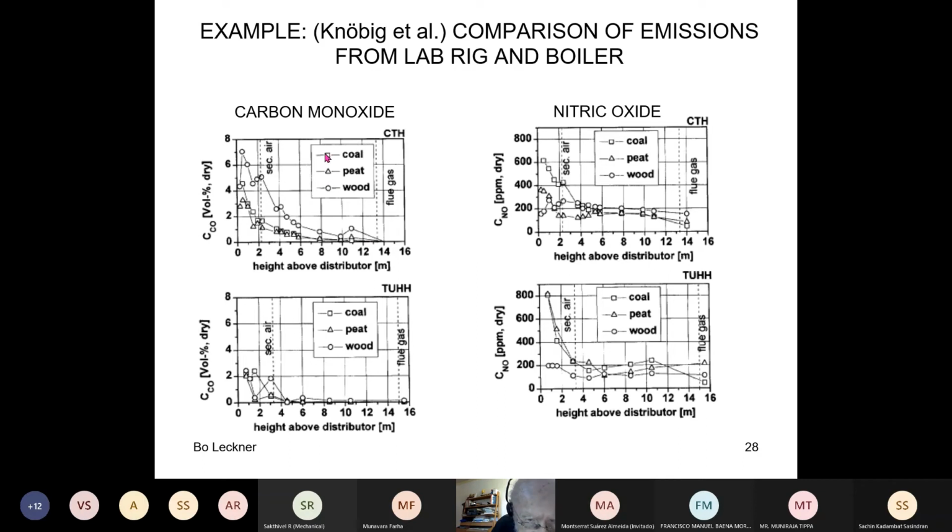With peat and coal, for instance, to take the other extreme, we had some lower CO, and at the exit it was almost zero. In the more narrow riser, they didn't have any of these higher concentrations in the bottom, but already from the bottom a much lower concentration. I think this has to do with the horizontal mixing.